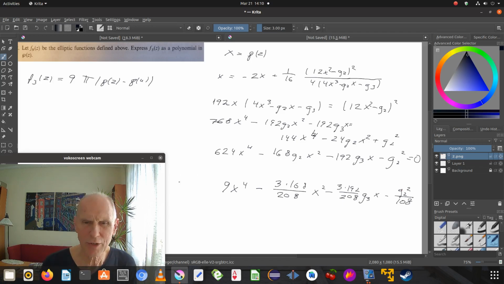So that's the polynomial, so we just have to write it as a polynomial, substitute x equals the Weierstrass function of z, then we get it.